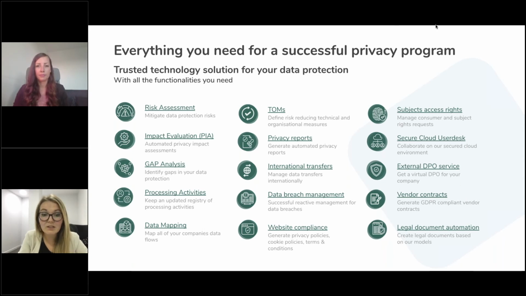Perfect. One point that was missing here is our new e-learning platform that we have recently added to the services and haven't added to the slide yet. I'm sorry about that, that's a failure on the marketing side. One of the important parts of a data protection program is that employees are informed. One of your highest risk groups for data breaches is your own employees.